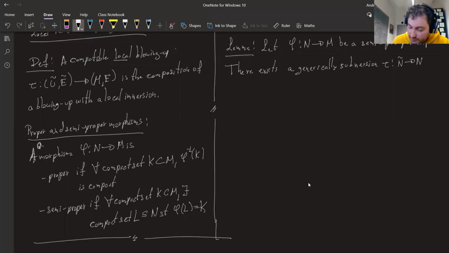So there exists a generic submersion in Q such that the composition is proper.